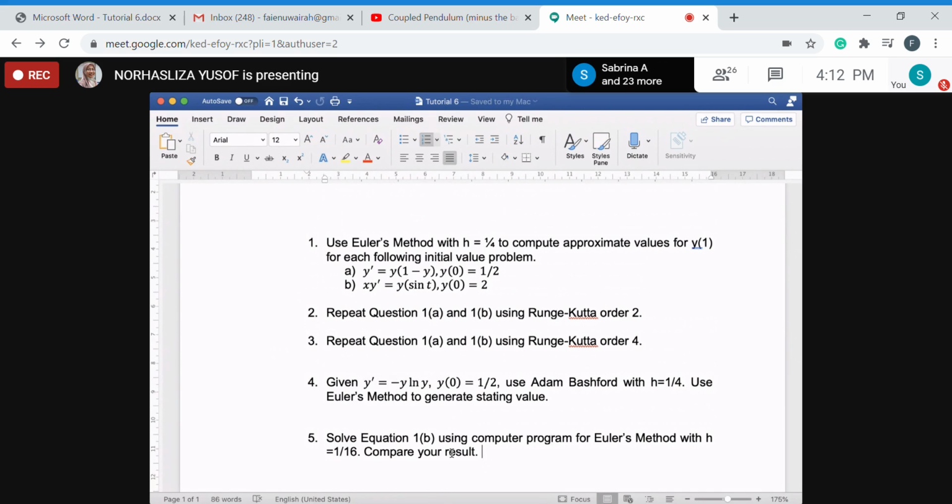Okay, so that's all for today. I'm glad that I'm able to finish RK and also all those ODEs. Next Monday we are going to discuss this tutorial and also numerical integration. You are going to learn to do 2 types of coding.